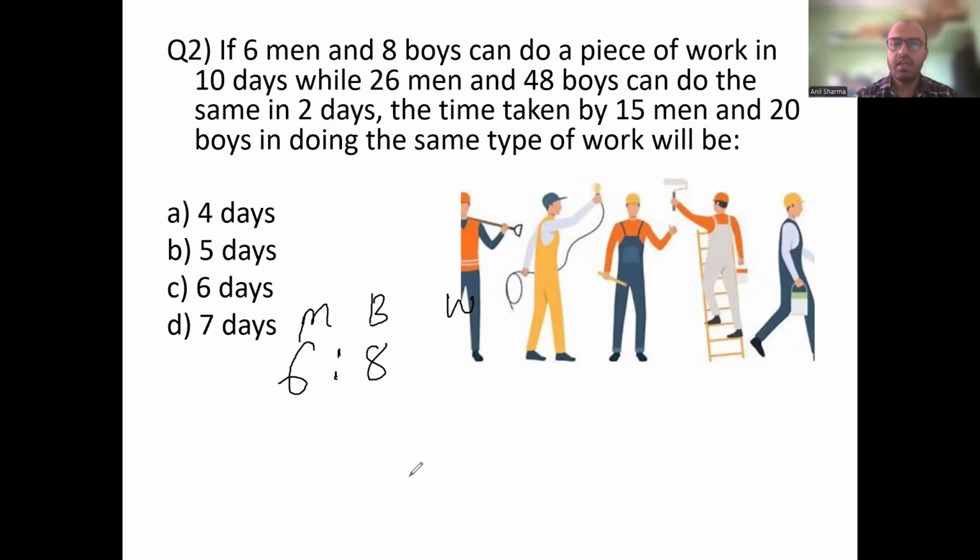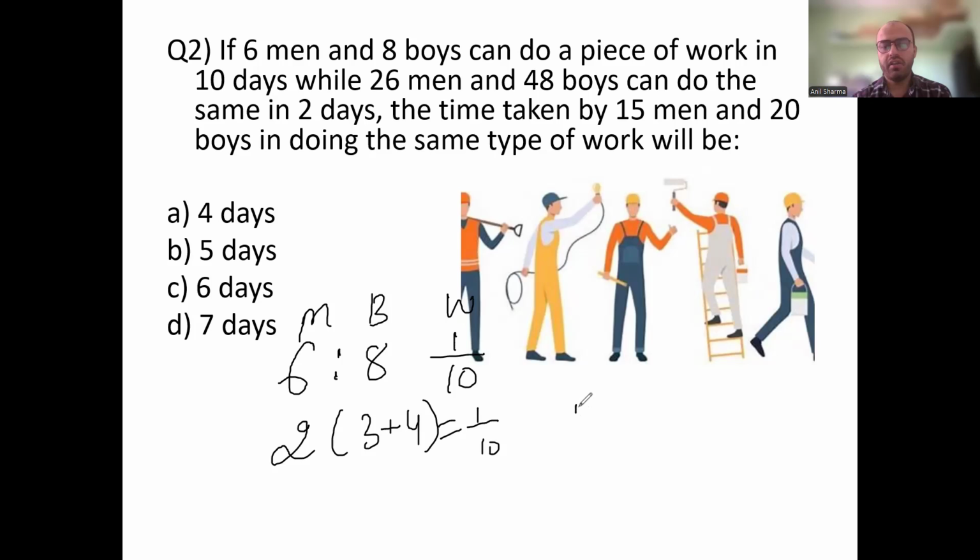So if I take work, that is why I am writing it as 1 by 10, because they are inversely proportional. If I take 2 common over here, this will become 3 and 4. So 3 men and 4 boys will take 1 by 10, or 3 men and 4 boys will take 1 by 20 days, right?